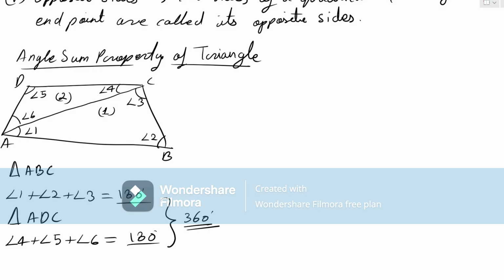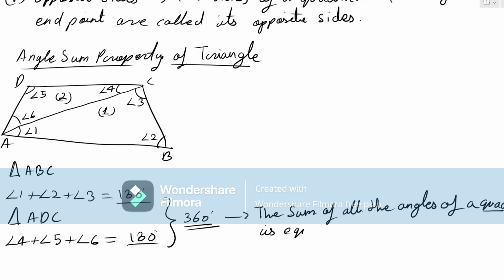So what do we get from this? That the sum of all the angles of a quadrilateral, short form I have written quad, the sum of all the angles of a quadrilateral is equal to 360 degree.